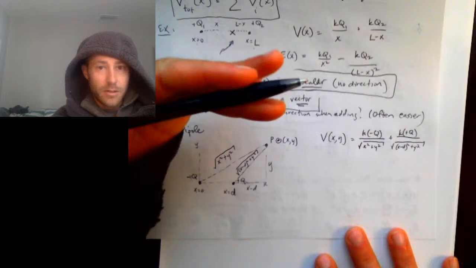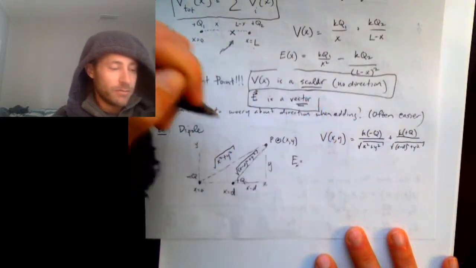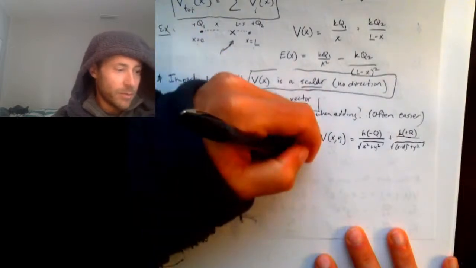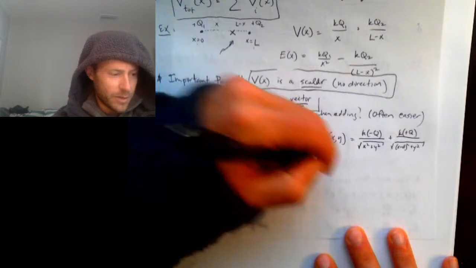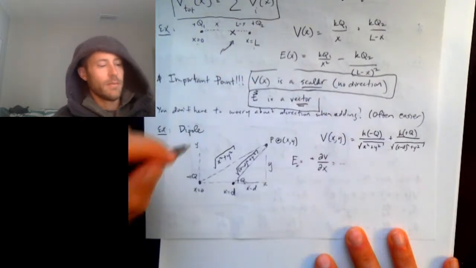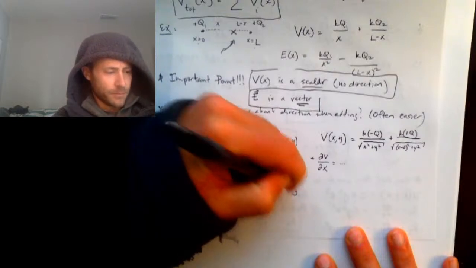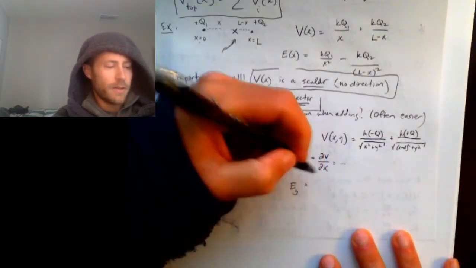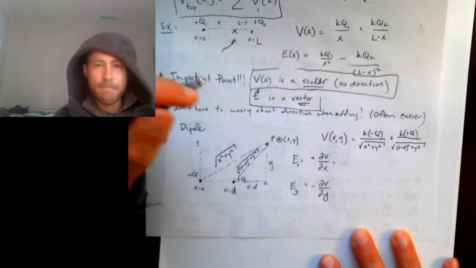Now we could go on and get the x component of the electric field. That would be minus the partial derivative with respect to x. We could get the y component of the electric field, which would be the partial derivative with respect to y.